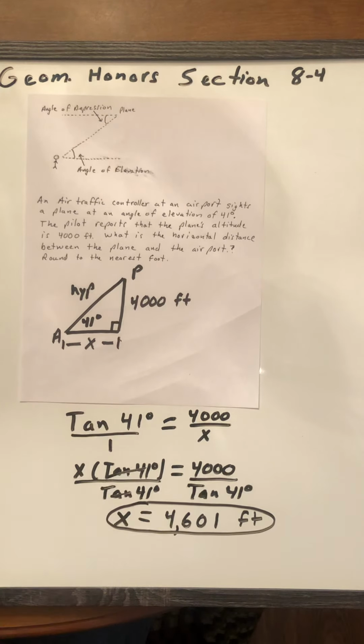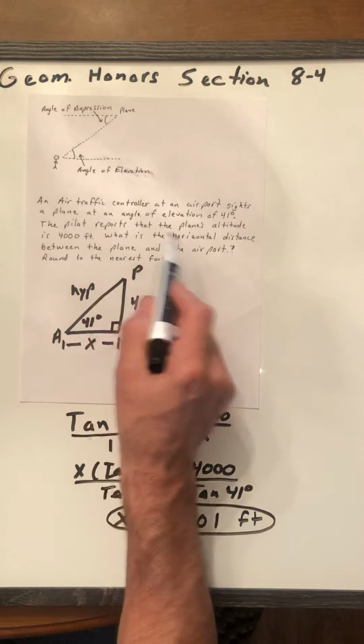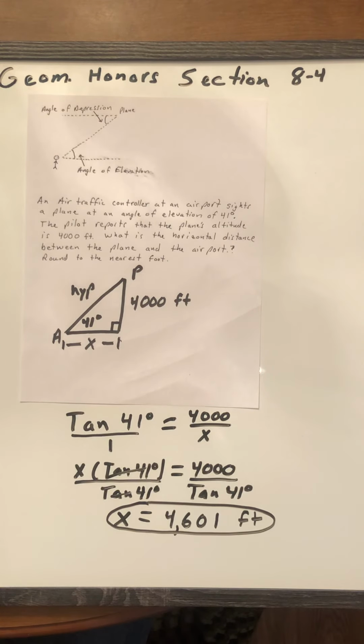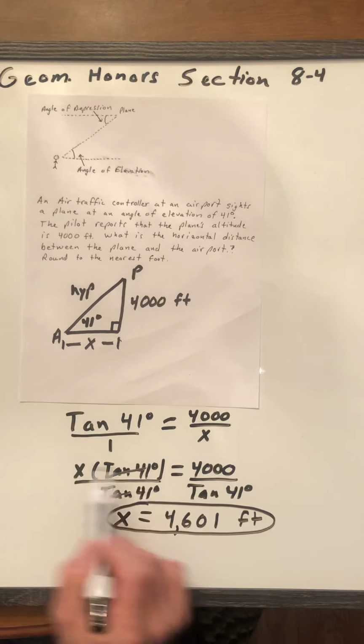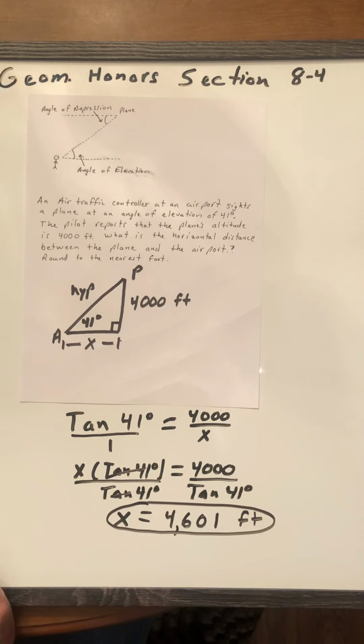And so those are the types of problems you're going to have in this section. You're going to have story problems. They may give you a diagram, or you may have to draw out a diagram from the paragraph that they give you, and then we go back to last section, and you already know how to do this.